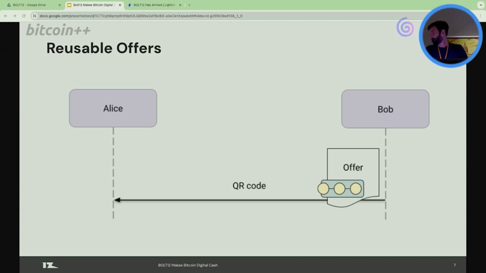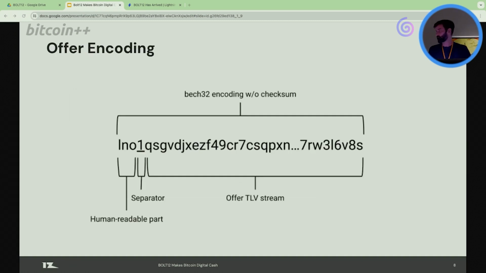Bob has given Alice a QR code in some manner out of band. And so let's dive into the QR code. It's encoding a bech32 string basically here. And it is very similar to what you would see for BOLT11, with only one difference you can see: it starts with LNO, and that signifies this is an offer.